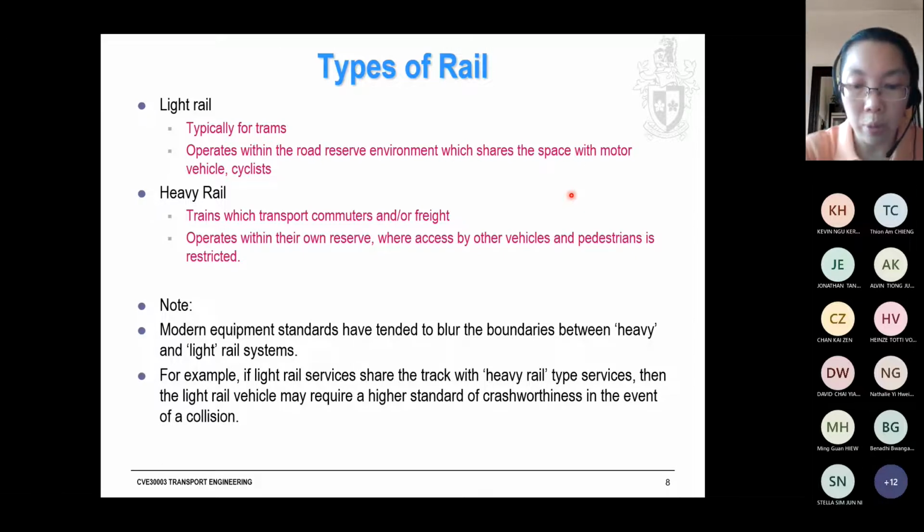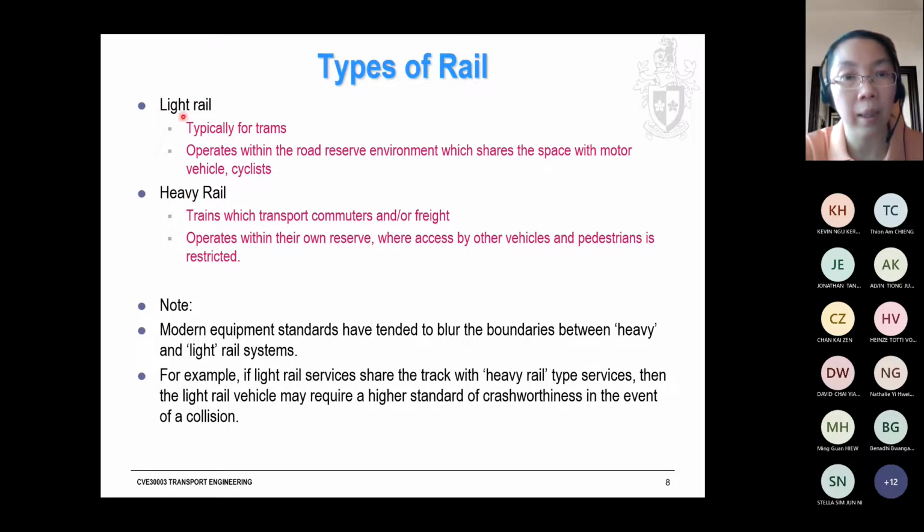So now moving into the types of rail that we have. This is based on the Australian rail system, but in general we still have this. We have light rail and we have heavy rail.